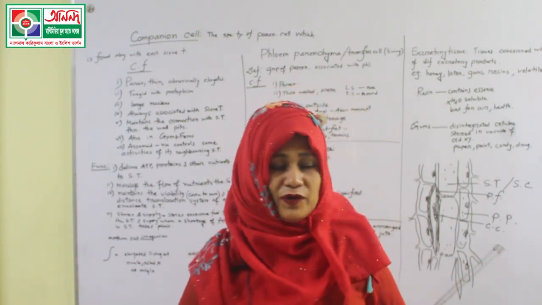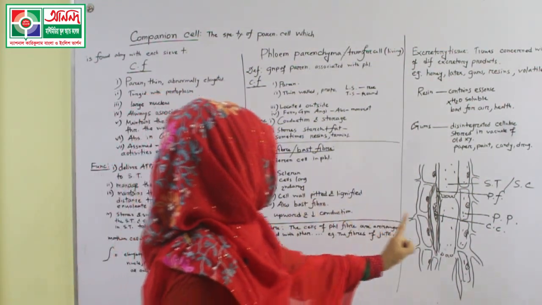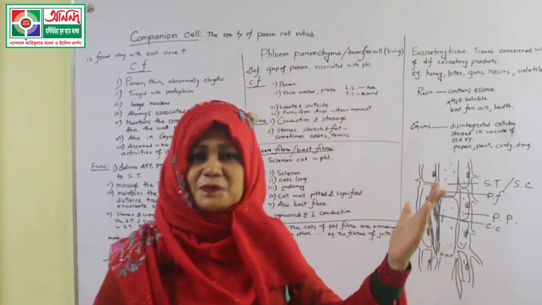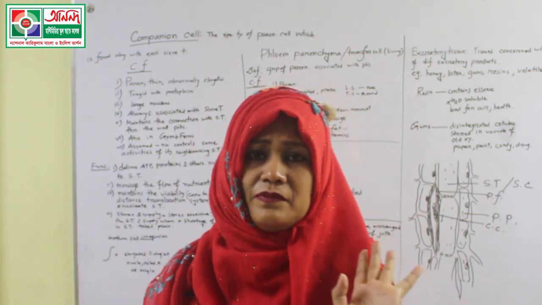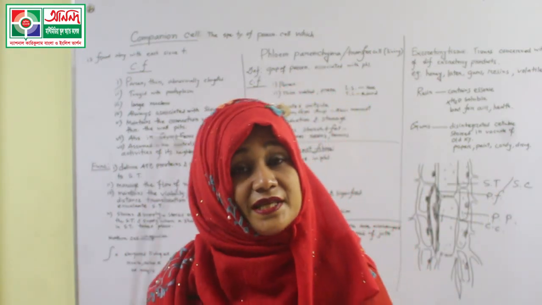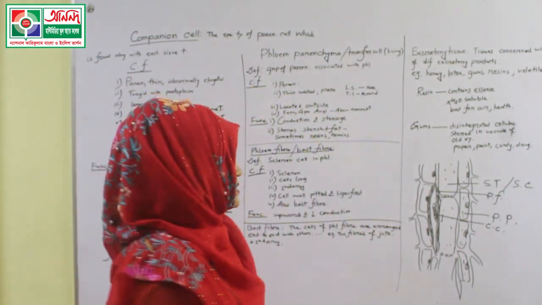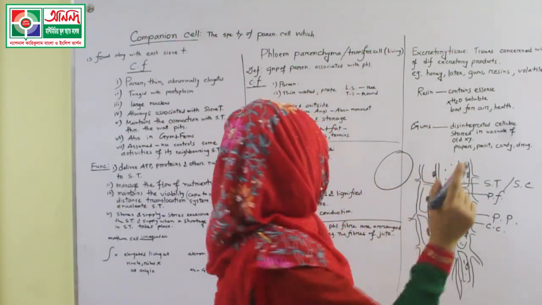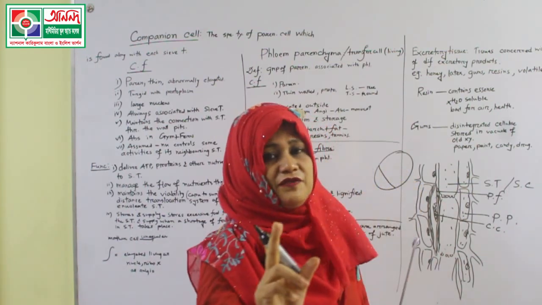You should remember one thing, that the origin of companion cell and the origin of sieve tube is the same. That means they are derived from the same mother cell. Suppose this is the mother cell, and in the mother cell there is an unequal division.